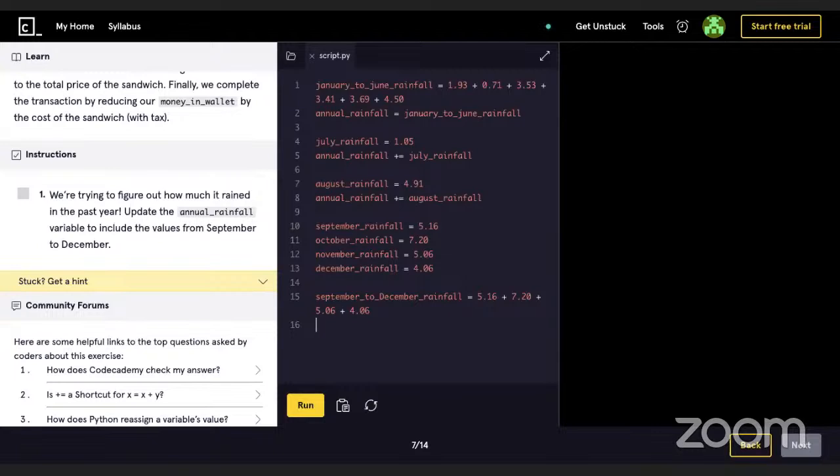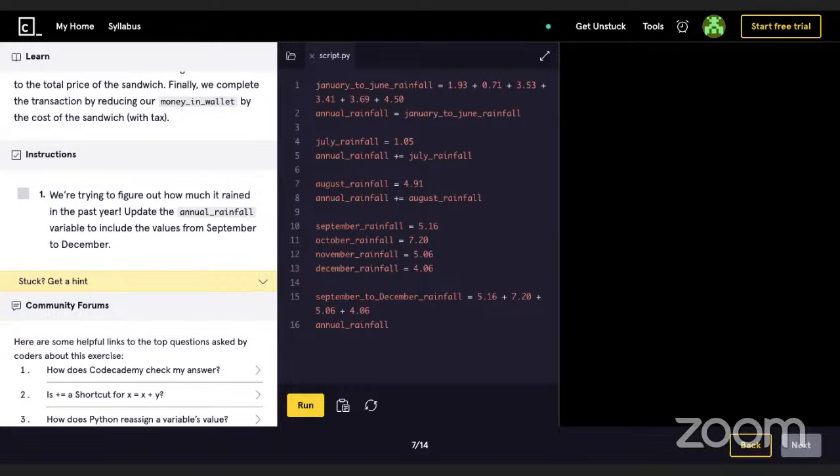So then you do annual rainfall. Annual, then underscore rainfall. What is this guy doing?